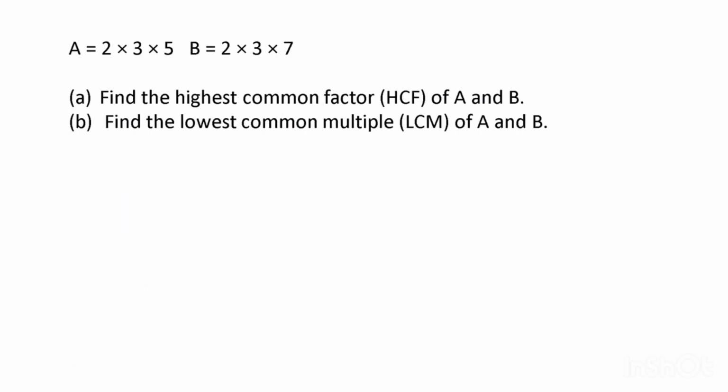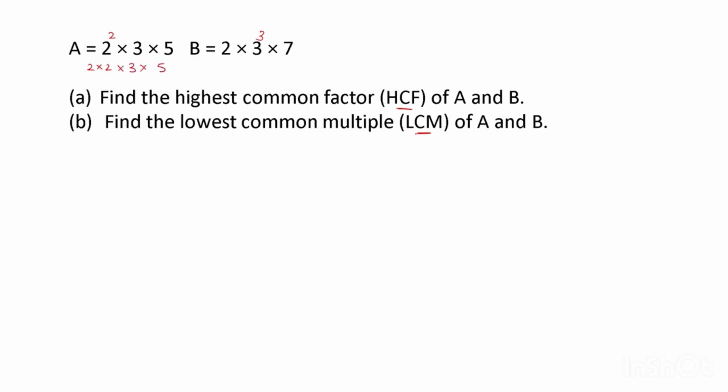Let us see a new question. If they say A is equal to 2 square times 3 times 5, B is equal to 2 times 3 cube times 7, you need to find HCF of A and B and you need to find LCM of A and B. So first thing is that you're going to write 2 times 2 because it is 2 square times 3 times 5.